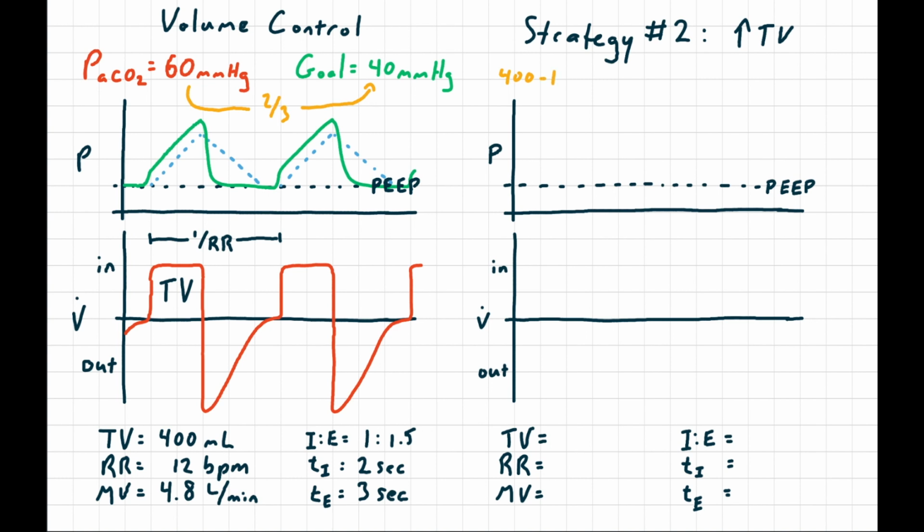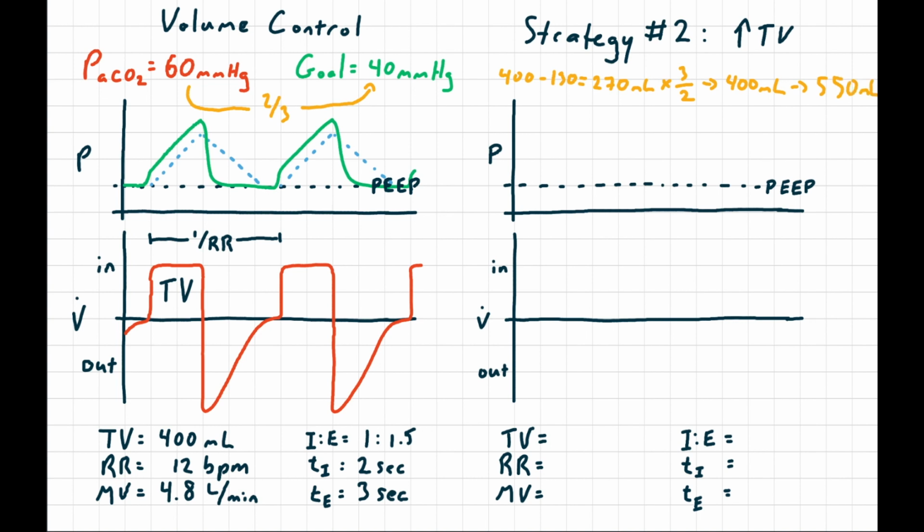Let's assume that our dead space volume is 130 milliliters, so our alveolar volume is 270 milliliters. That is the number that we have to increase by a factor of 3/2, the reciprocal of 2/3. So our new alveolar ventilation goal is about 400 milliliters, and when we add the dead space back in, that results in a new tidal volume right around 550 milliliters.